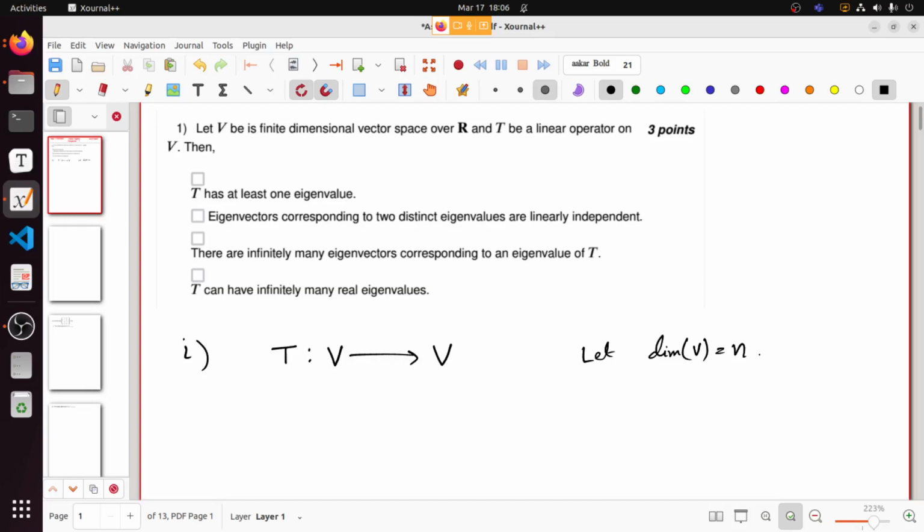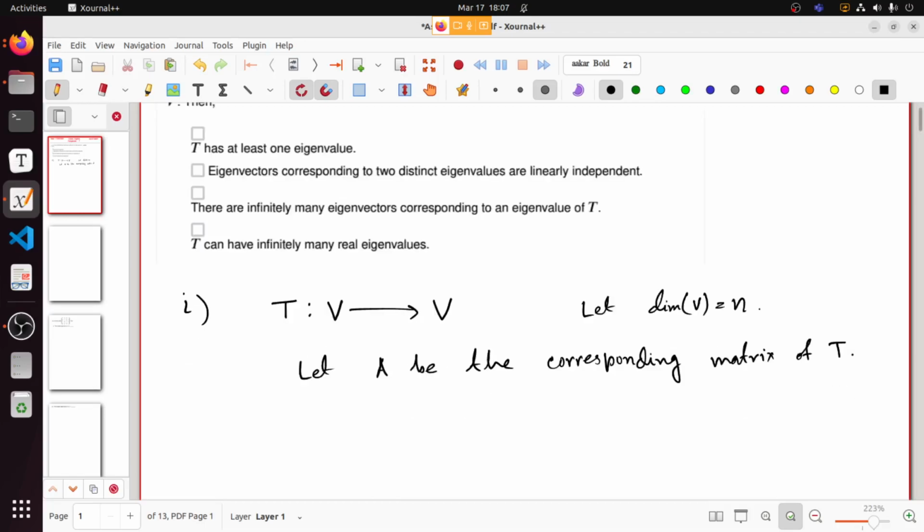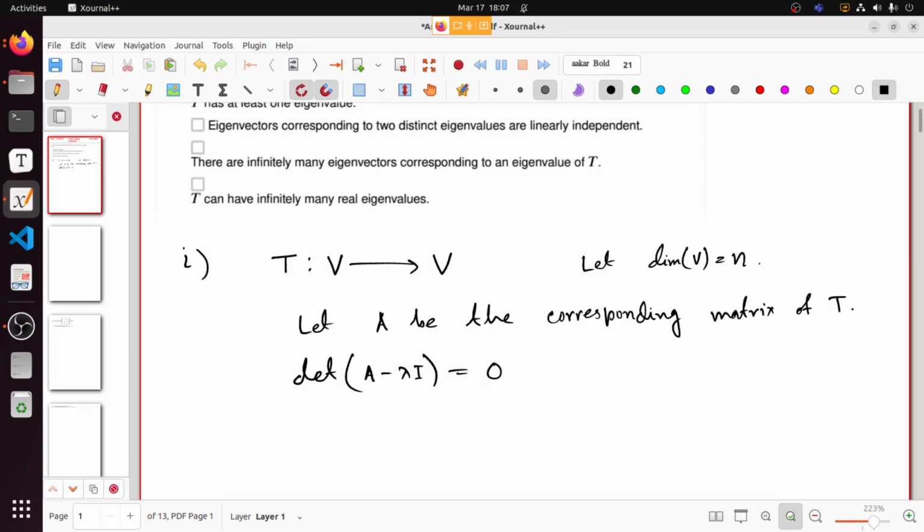What is an eigenvalue? Let A be the corresponding matrix of T. Then the eigenvalues are the roots of the determinant of A minus lambda I equals 0.